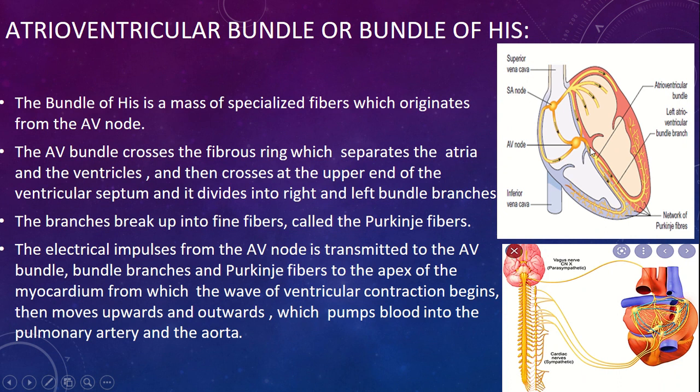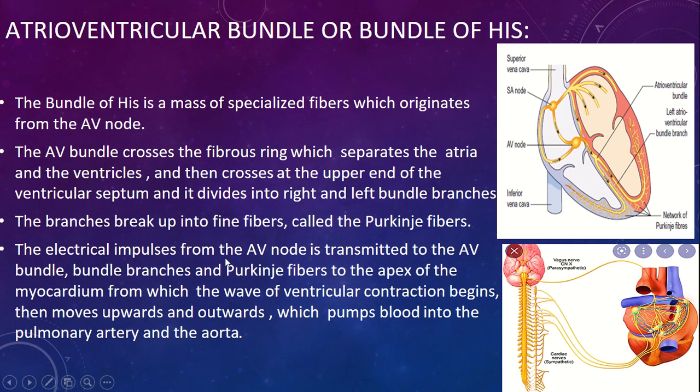From there it passes through the ventricles and divides into the right and the left bundle branches. The branches break up into fine fibers called the Purkinje fibers. Here you can see the small nerve-like endings dividing from the bundle of His, which are called the Purkinje fibers.